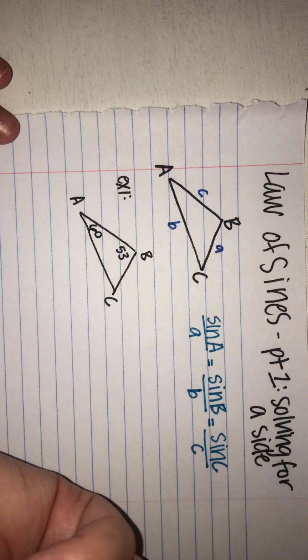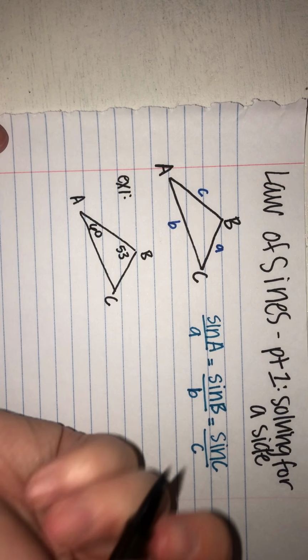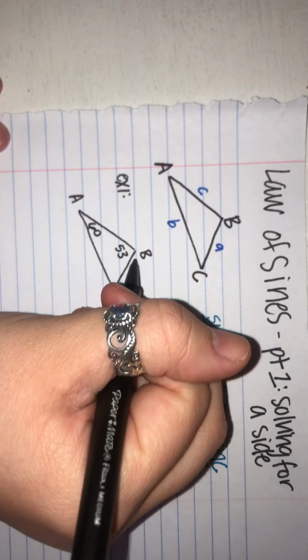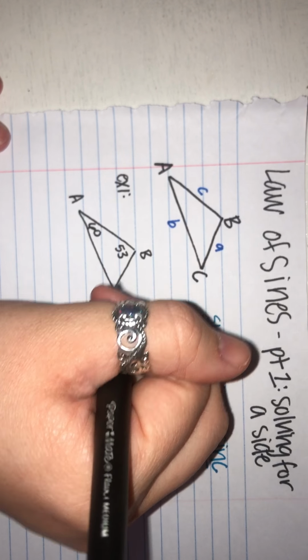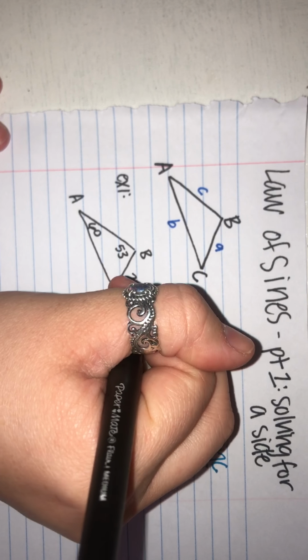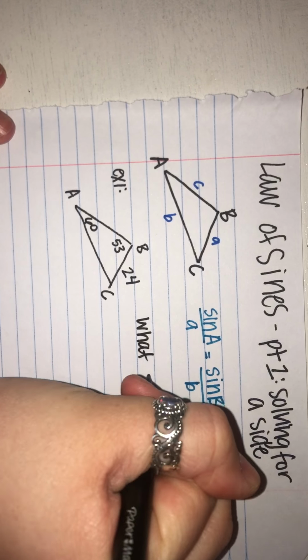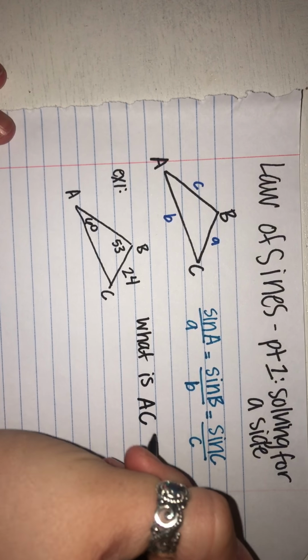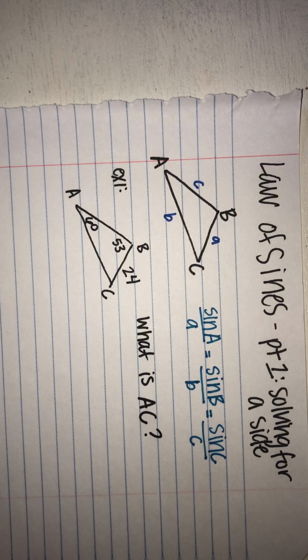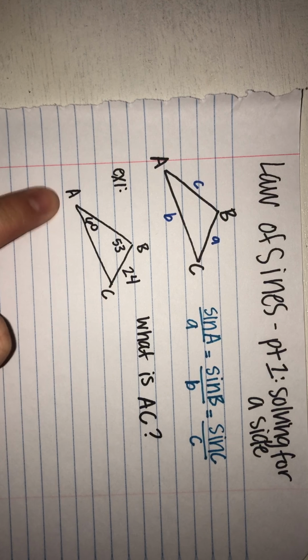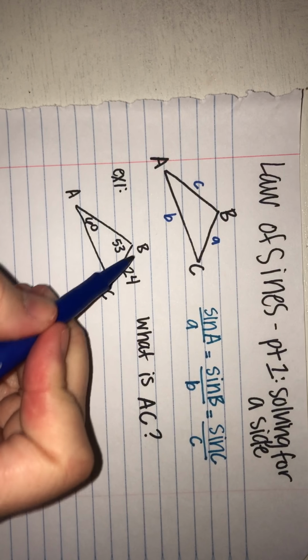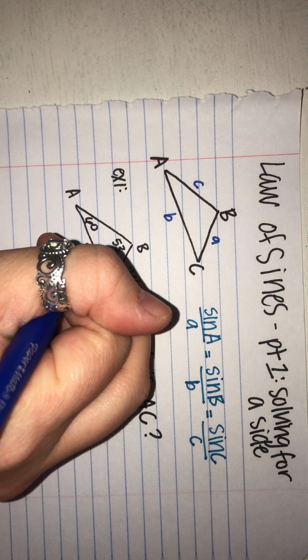Well, we could solve for angle C, but we don't need to know it. And we have BC, which is 24. And the question says, what is AC? So let's label AC. Side AC is across from angle B, so let's label it b.